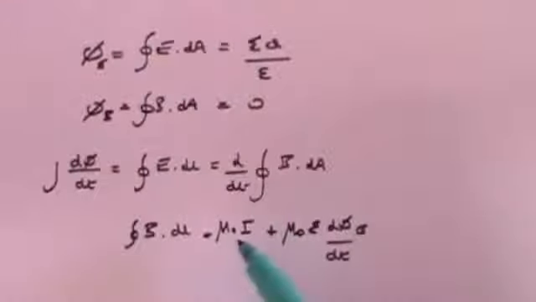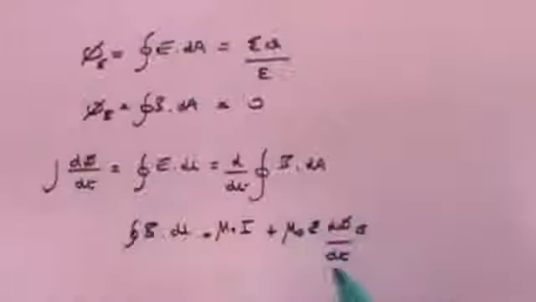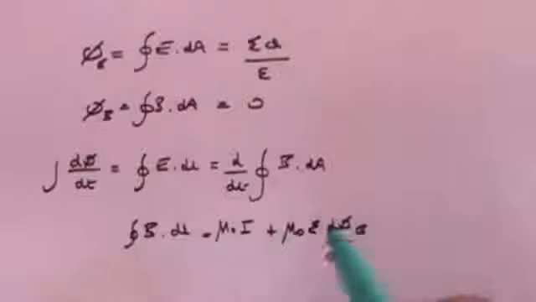So when I is 0, which it will be if the surface goes through between the capacitor plates, this is the term which will enable you to calculate the B dot dl term, that is the changing flux. And those are four basic derivations of Maxwell's equations. They can be put together in a more vector form, but I just wanted to do a basic derivation for the purposes of this video.